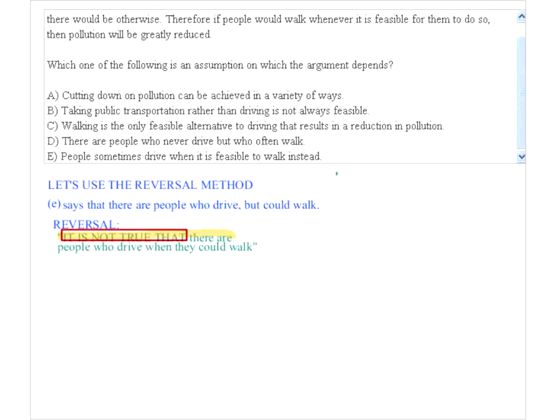So the reversal is therefore, there is nobody who drives when they can walk instead. Or if you go directly off of choice E, people sometimes drive when it is feasible to walk instead. If it is not true that people sometimes drive, then that means they never drive.